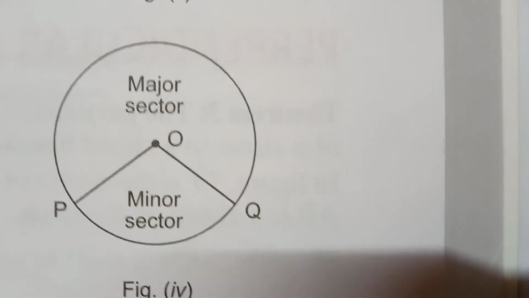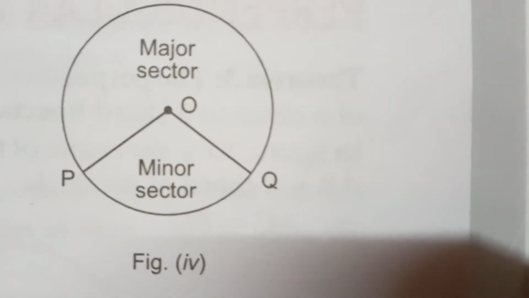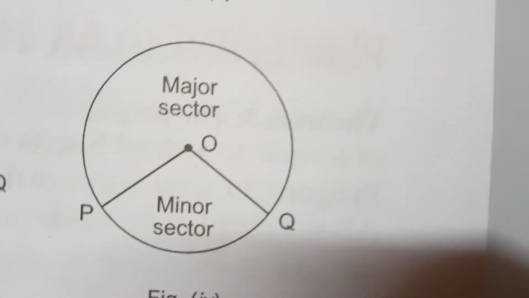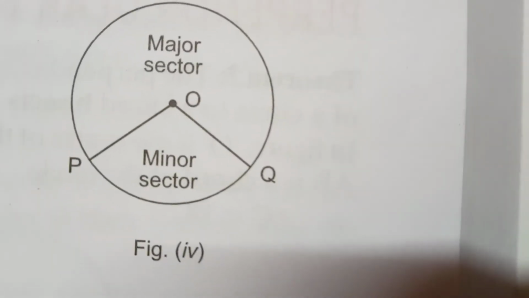Now sector. The region between an arc and two radii is called a sector.